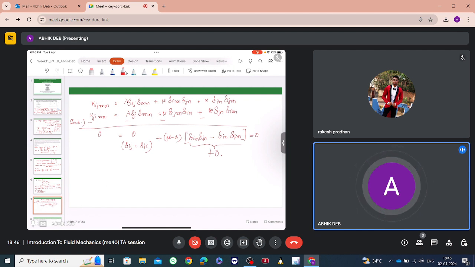So from here we see that mu is equal to r.